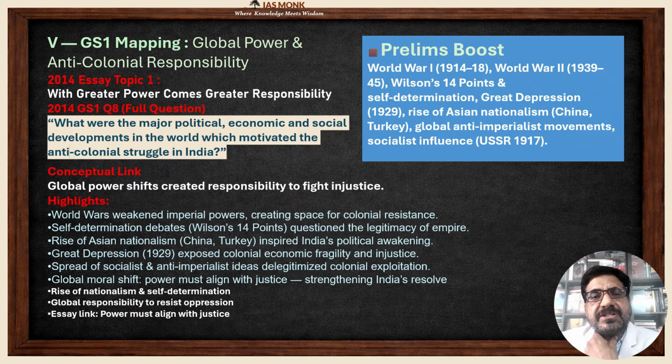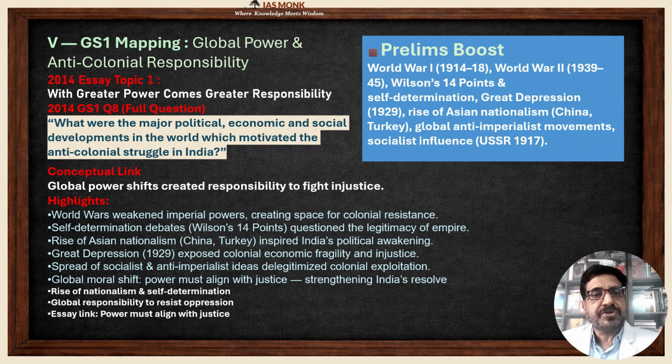The Great Depression revealed the fragility of colonial economic structures and intensified demands for economic justice. The success of socialist and anti-imperialist ideas worldwide further delegitimated colonial exploitation. So these global shifts strengthened India's resolve, giving moral and political legitimacy to its struggle.